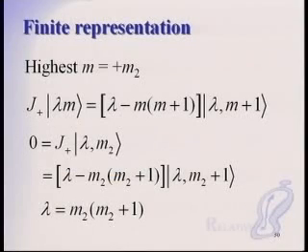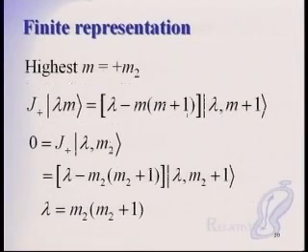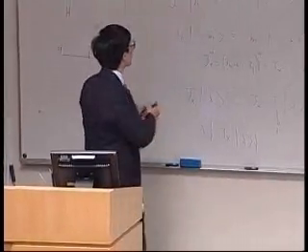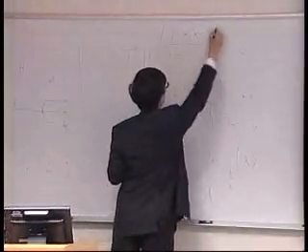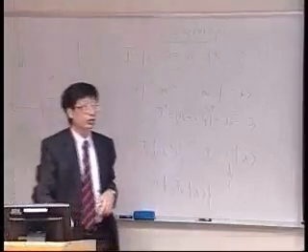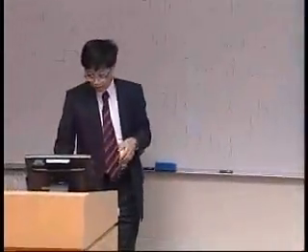If you go back, lambda is M1 times M1 plus 1, and lambda is equal to M2 times M2 plus 1. So M1 and M2 are the two roots of the equation lambda equals x times x plus 1. This is a quadratic equation for x. There are two solutions, and M1 and M2 are the two solutions.